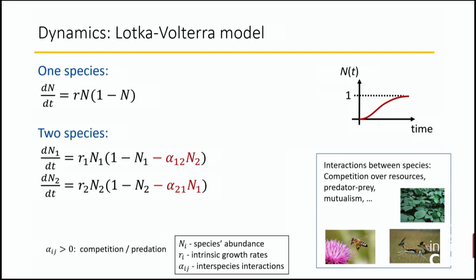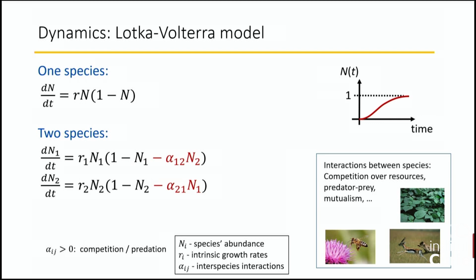That means that we have two new parameters in our system, alpha 1,2 and alpha 2,1. With the convention of signs that I used here, a positive number means that one species is deleterious to the growth of the other species.